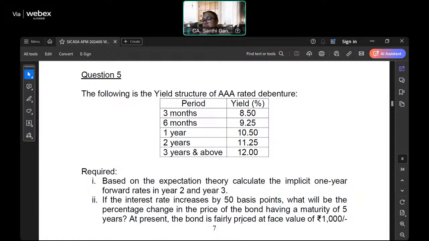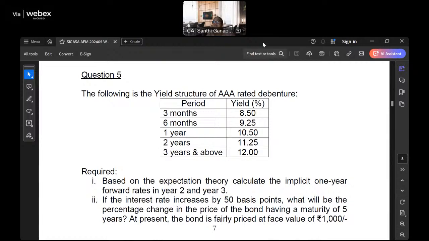Long-term interest rates are assumed to be an unbiased estimate of the short-term interest rate in future. The rates on a long-term bond are equal to the geometric mean of the yield on a series of short-term bonds.